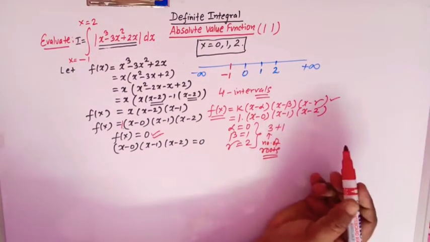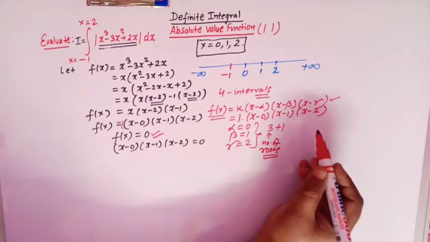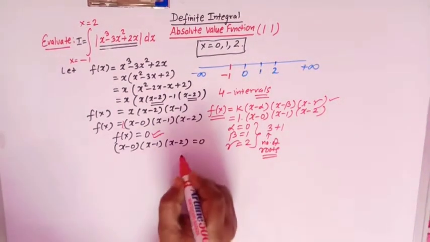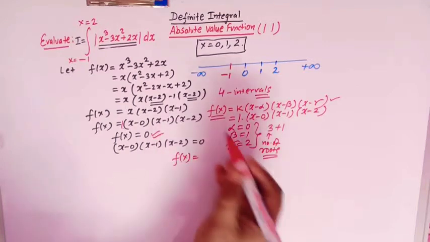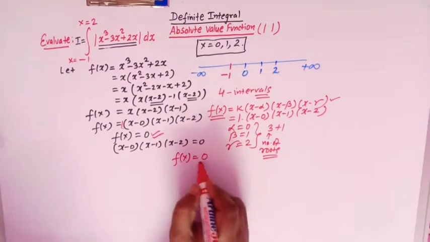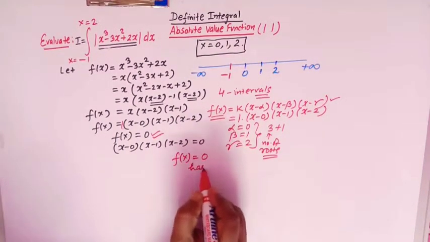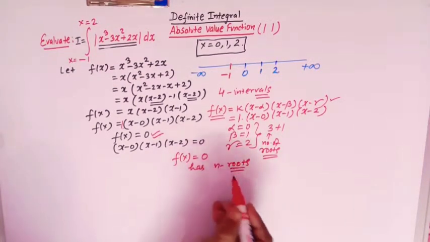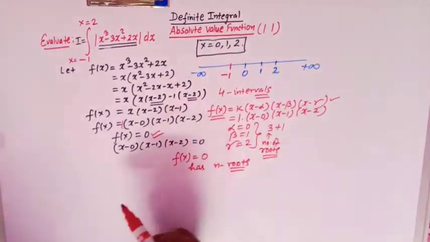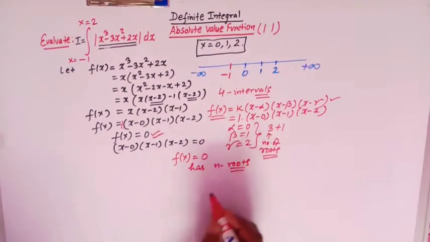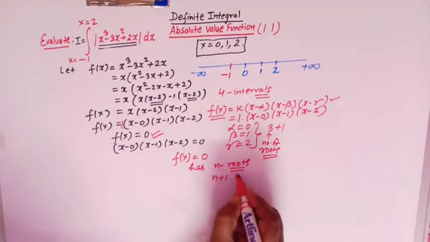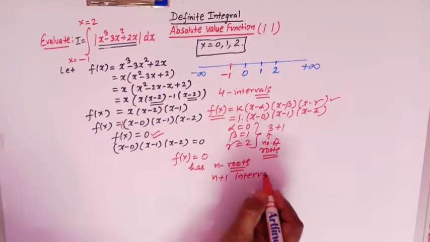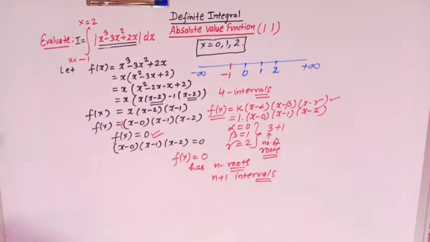From the theory of increasing and decreasing functions, we know that if an equation f of x equal to 0 has n roots, then it will divide the real number line into n plus 1 intervals. Here we are talking about real roots.